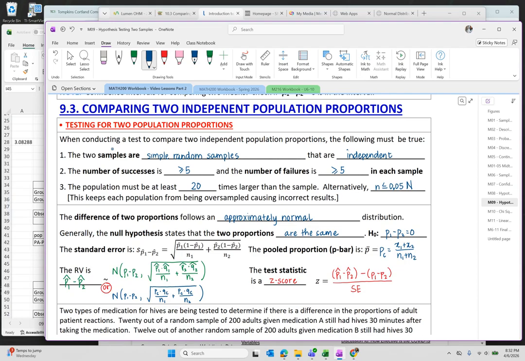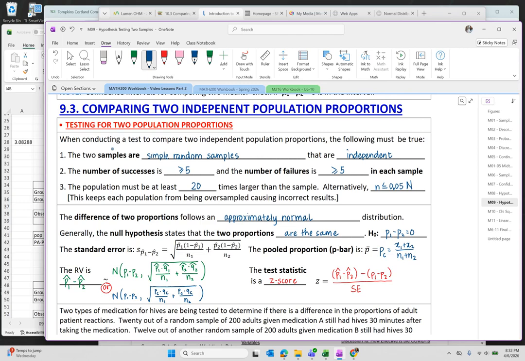When conducting a test to compare two independent population proportions, the following must be true. The two samples must be simple random samples that are independent. Second, the number of successes n times p and the number of failures n times q in each sample should be a number greater than or equal to 5.